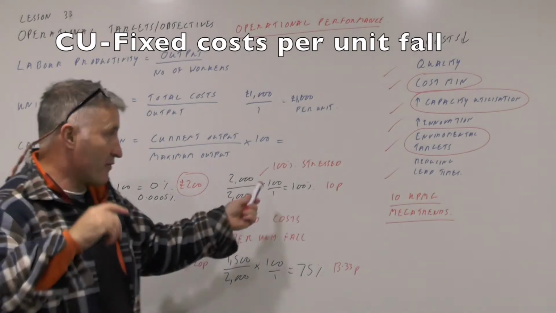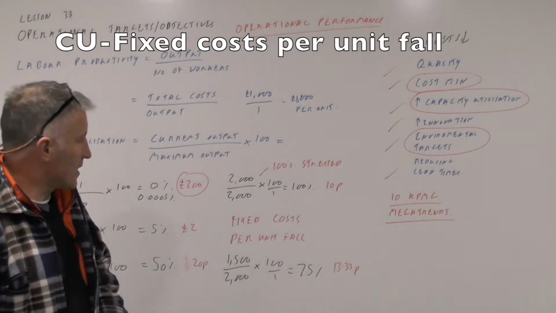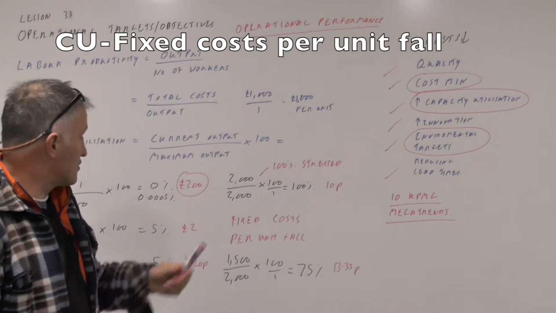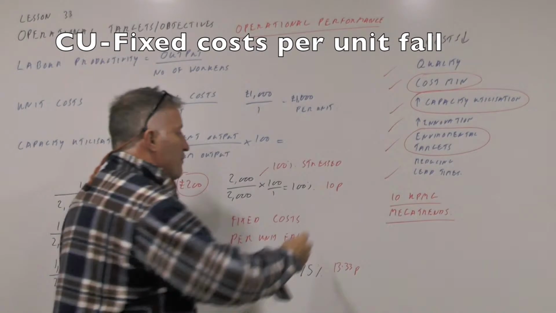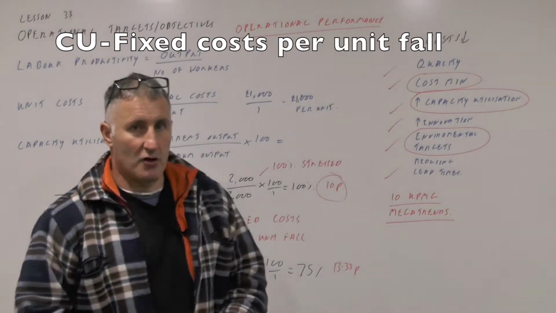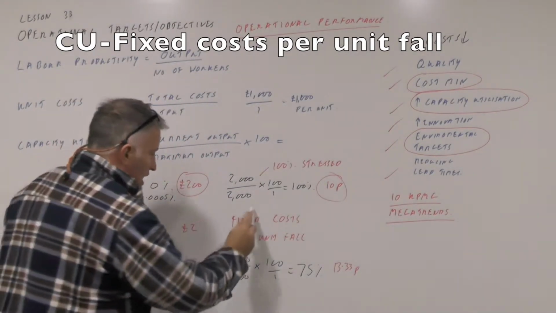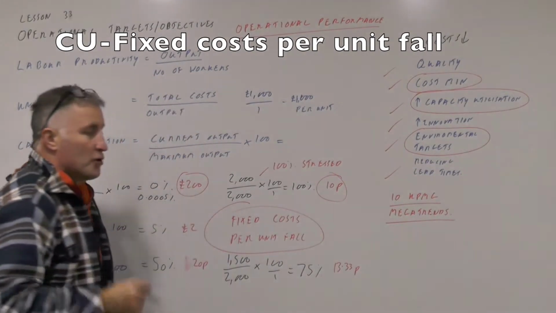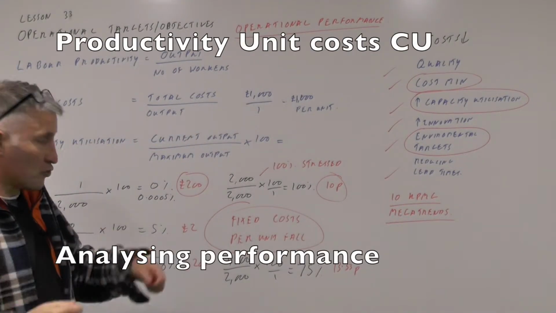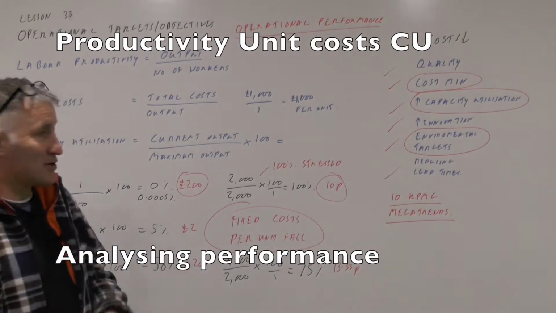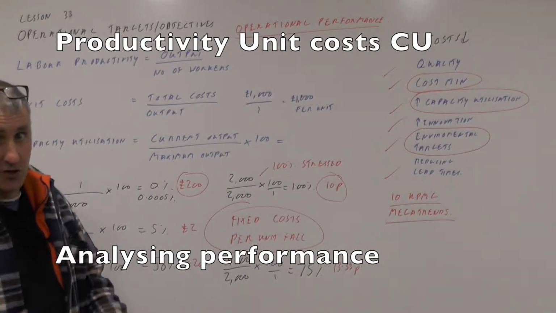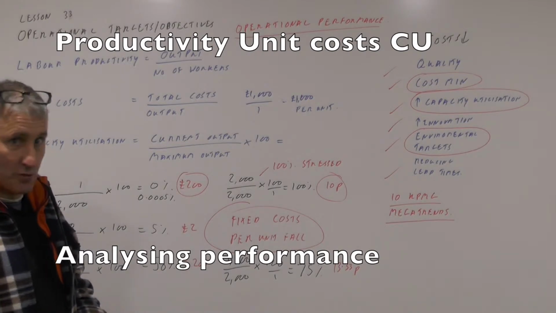The worker may become very stressed because they're making 2,000 burgers. But our fixed costs per day are 200 quid, so it's going to cost us 10 pence per burger. The key thing is that your fixed costs per unit will fall as your output goes up. If your fixed cost per unit falls, your net profit margin will go up, and your return on capital employed will go up as well.